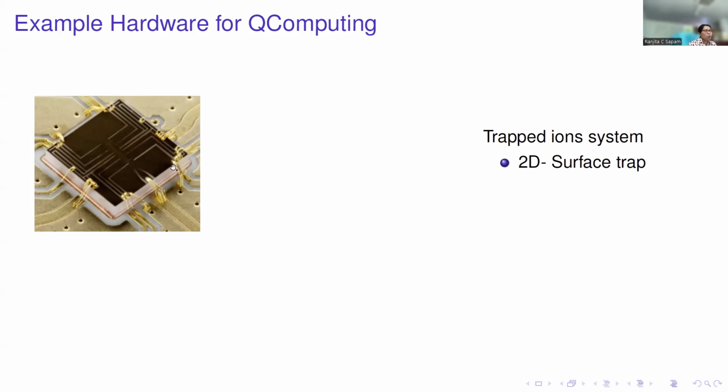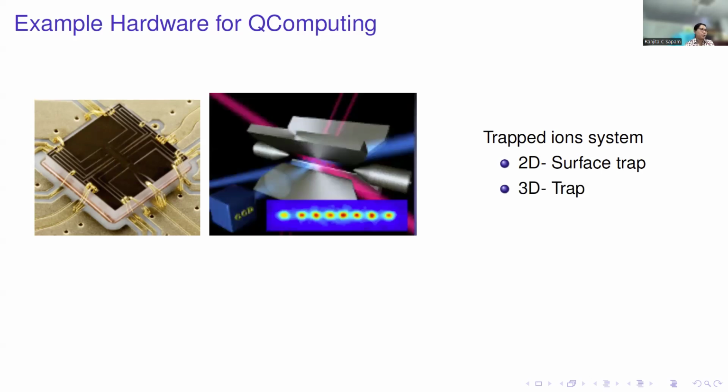Those golden lines flowing along the surface of the chip are the electrodes which control the ions trapped in these potentials. A harmonic kind of potential is generated at the center of the chip, and we apply different potentials to implement the gates and algorithms in the system. This is how we implement quantum computing hardware in this system.